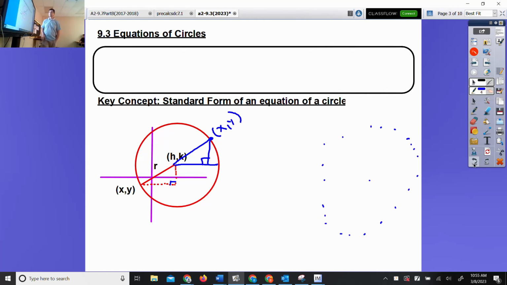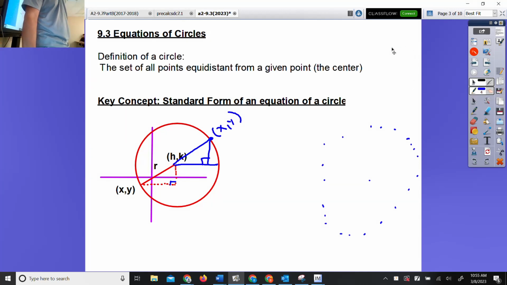That's how a computer draws a circle. It plots an infinite number of pixels equidistant from a center. The definition is the set of all points equidistant from a given point, the center.